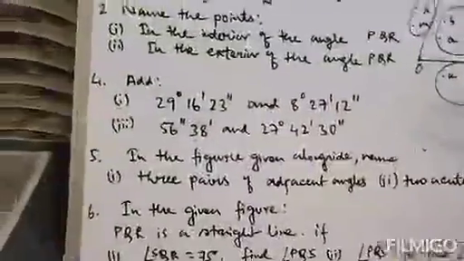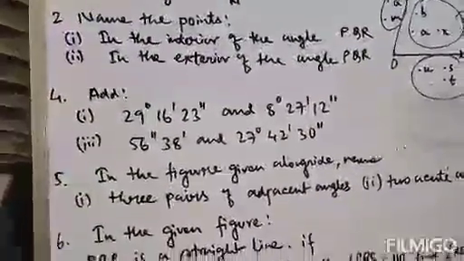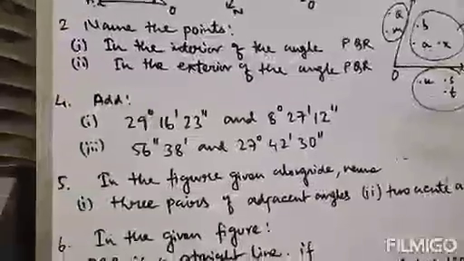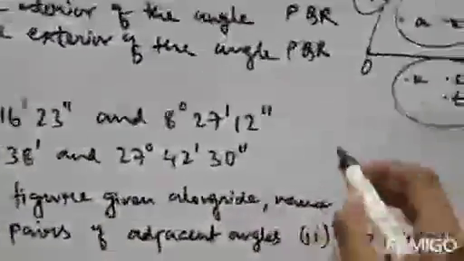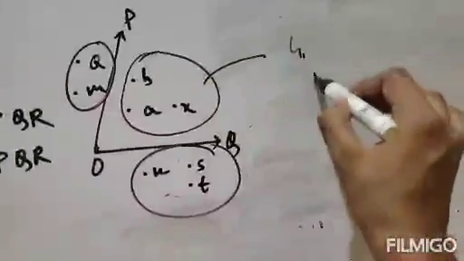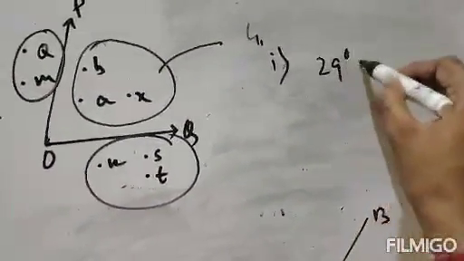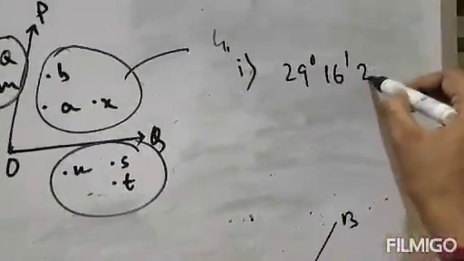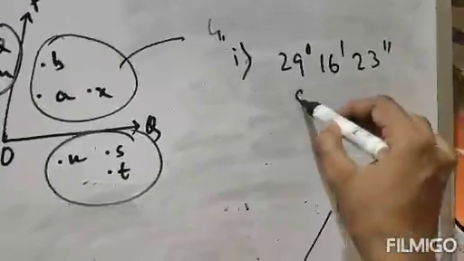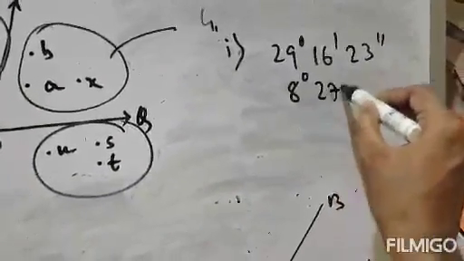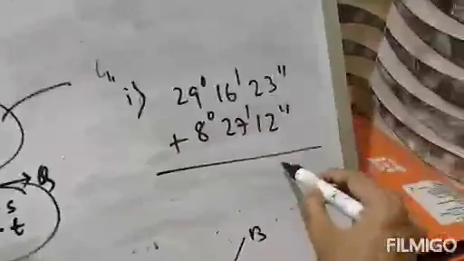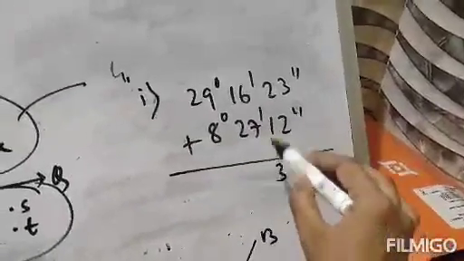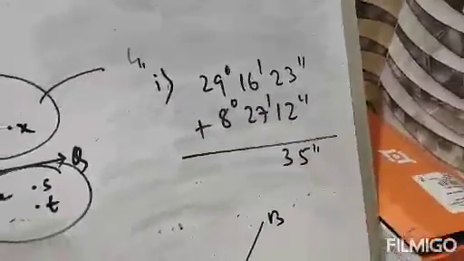Next, addition. We have to add 29 degrees 16 minutes 23 seconds and 8 degrees 27 minutes 12 seconds. Question number 4, part 1. Add: 3 and 2 are 5, 2 and 1 are 3, so 35 seconds.